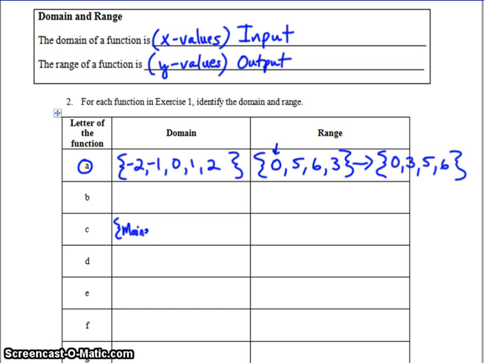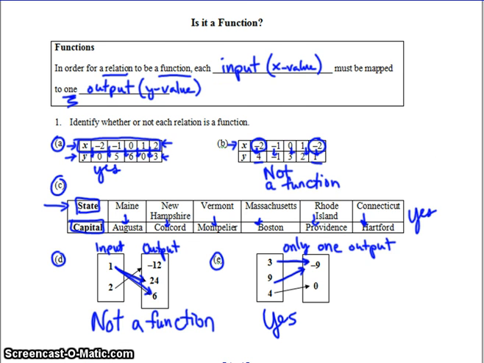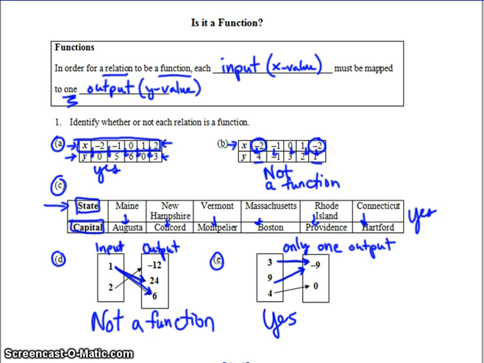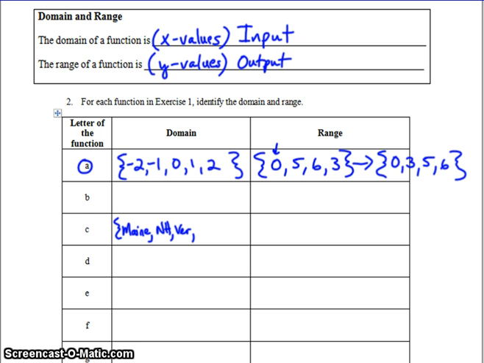Maine, New Hampshire, Vermont, Massachusetts, Rhode Island, and Connecticut.